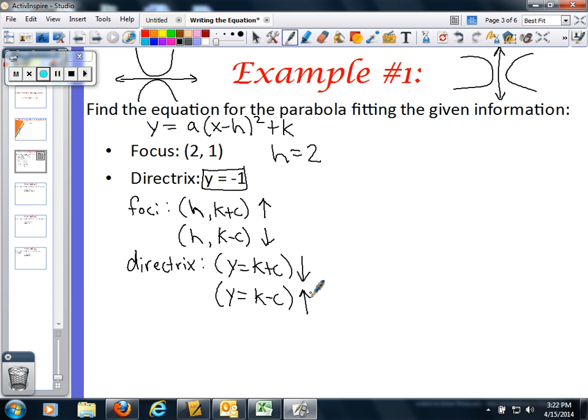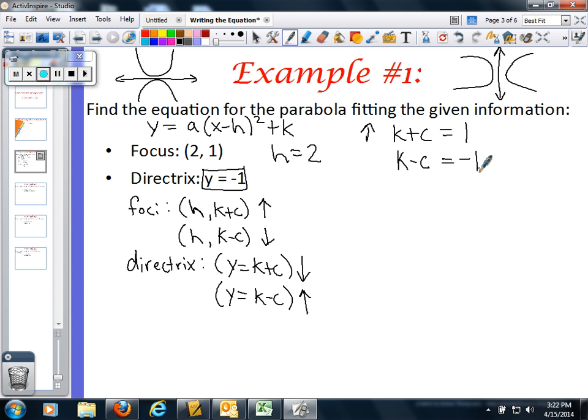So, let's take the information we know then. Alright? So we know if it opens up, okay, that the focus is going to be k + c. And I know that k + c has to equal 1 for the foci. Alright? I also know that if it opens up, that k - c, okay, which is my directrix, is going to equal -1 because of this.